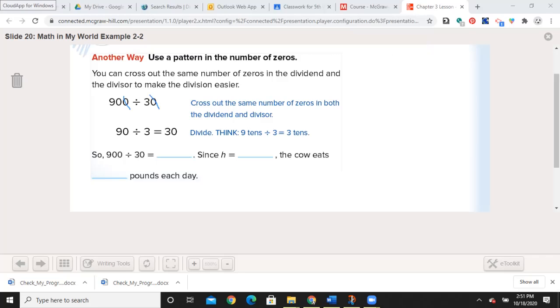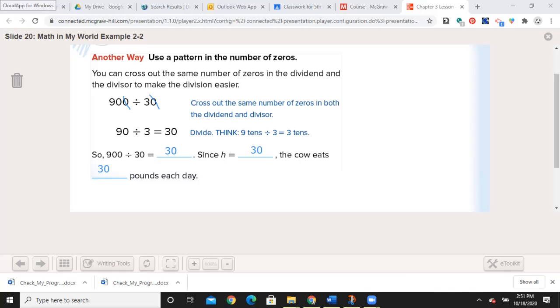Now I'm down to 90 divided by 3. So 9 divided by 3 is 3, and I keep that 0. So 900 divided by 30 is 30. Since H equals 30, the cow eats 30 pounds of hay each day.